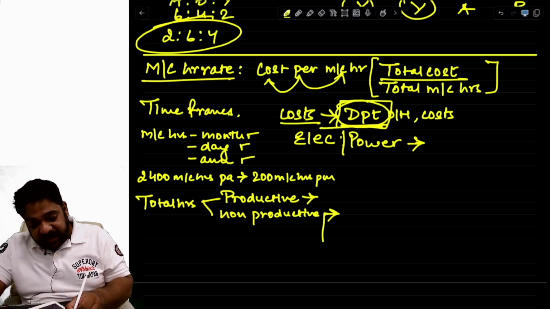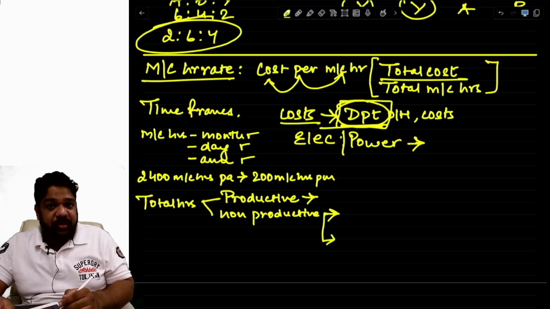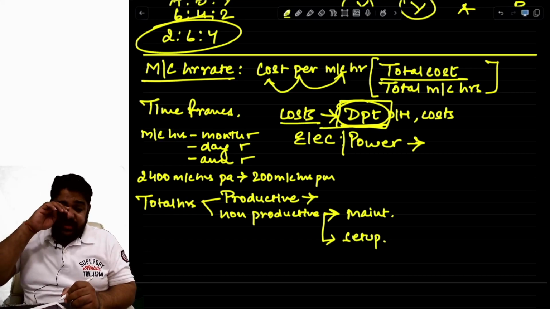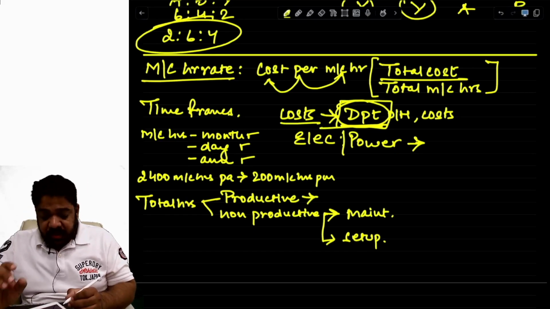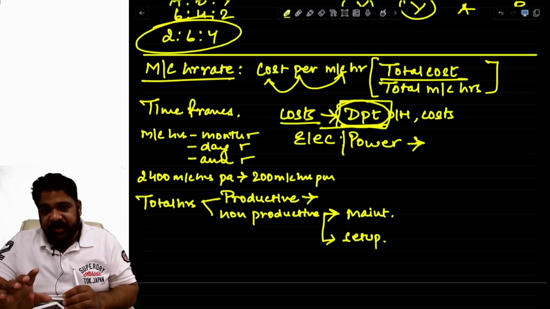Now, you have two categories of non-productive hours with you. Okay. The first type of non-productive hours that you have is maintenance, and the second type of non-productive hours that you have is setup. Okay, maintenance and setup are primarily assumed to be of non-productive nature.